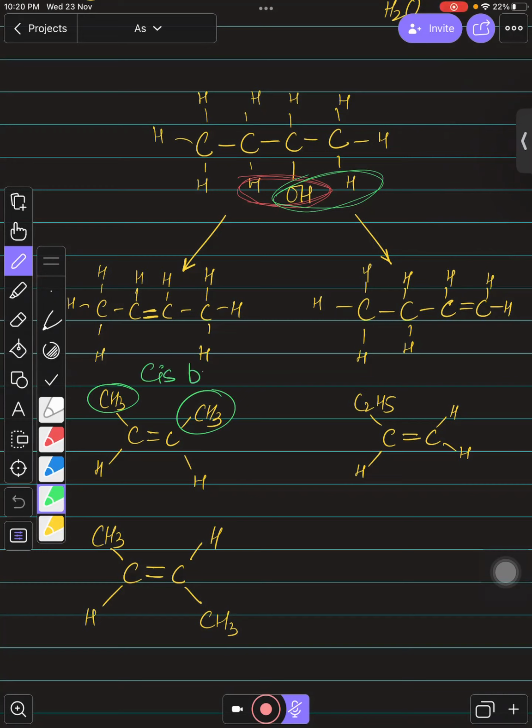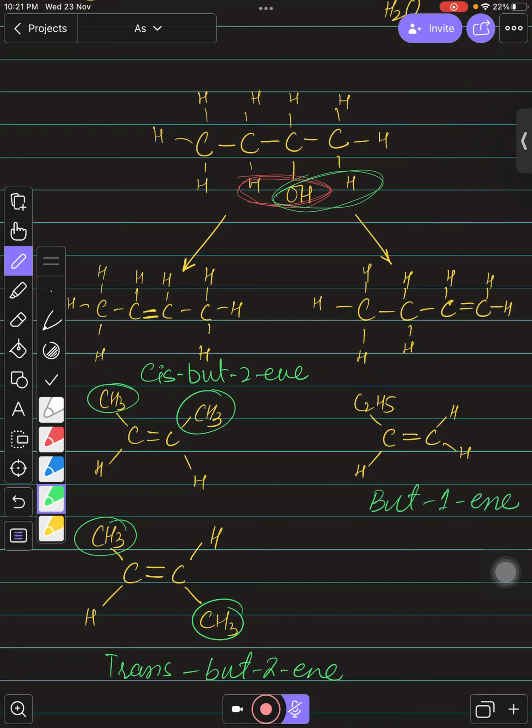Cis-2-butene, right? And whenever you have it in the diagonal form, it will be known as trans structure. And right now we have 1-butene, and this has no possibility of this structure. So you can say that it is simple 1-butene.